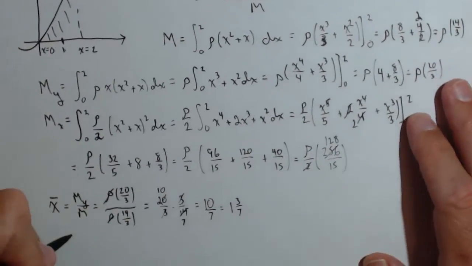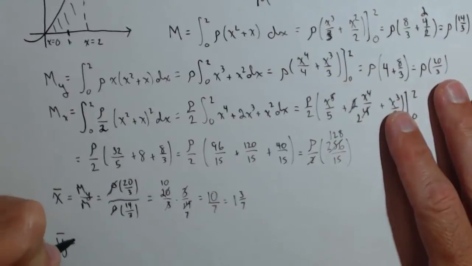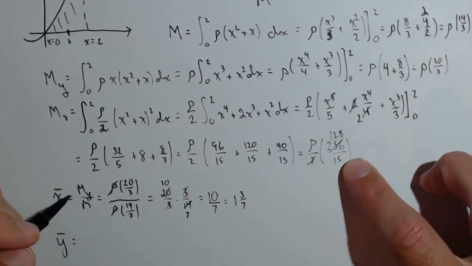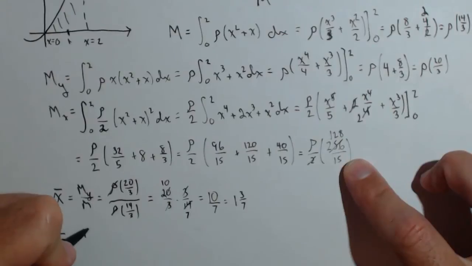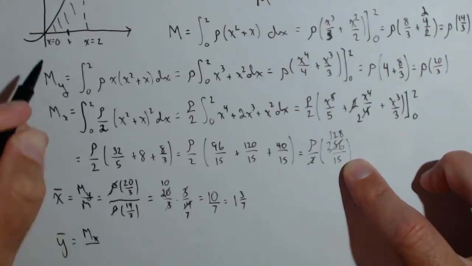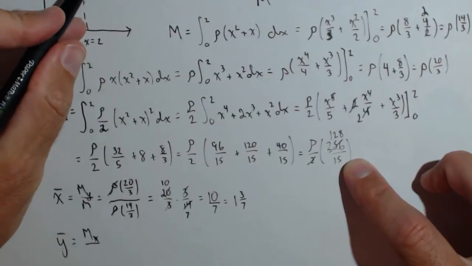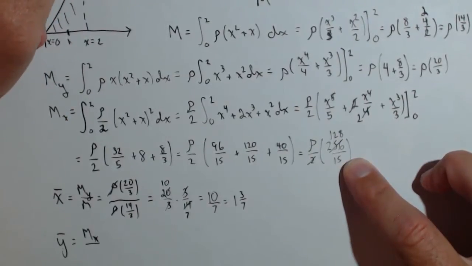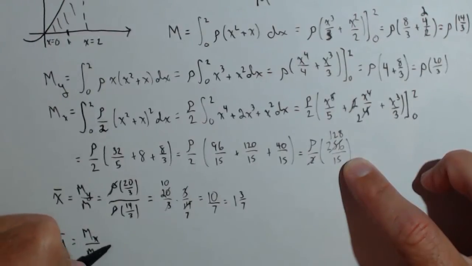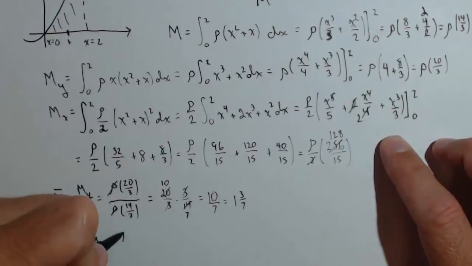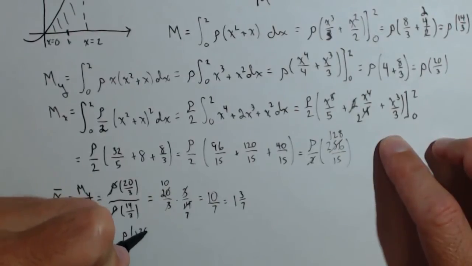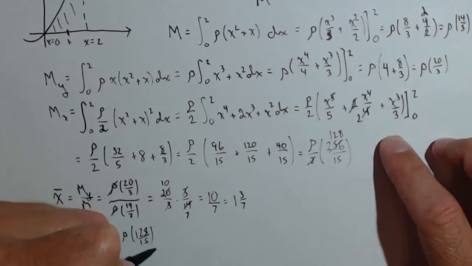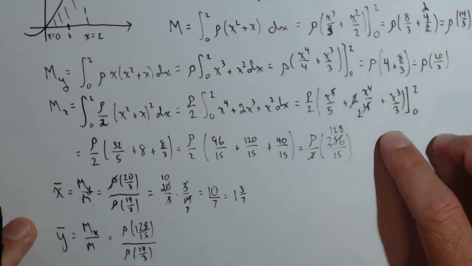Similarly, y bar. Now m is going to be the same, so all we need is m sub x. This curve meets x equals 2 at 4 plus 2, or 6. So this here is the point 2, 6, and our answer better not be larger than 6. So we have rho times 128 over 15 over rho times 14 over 3.